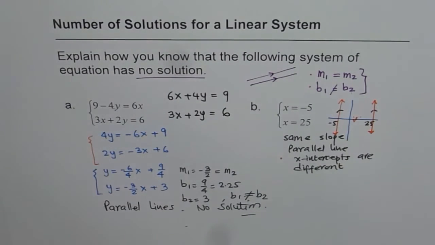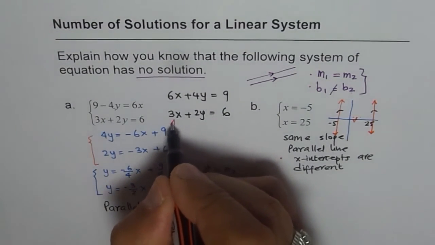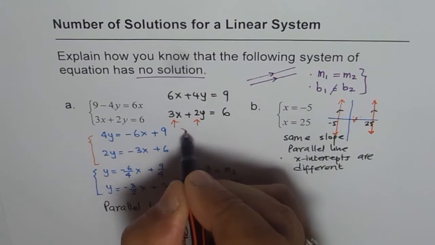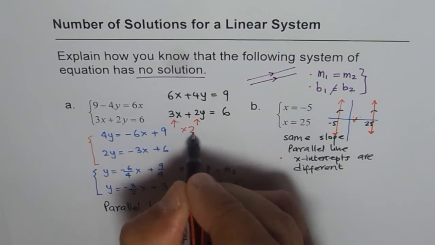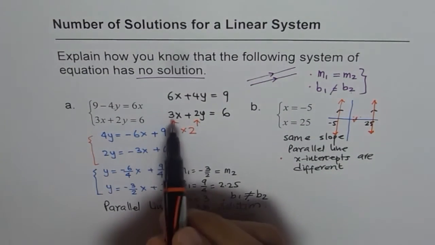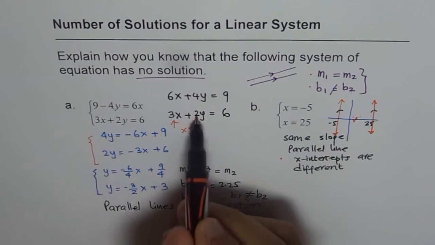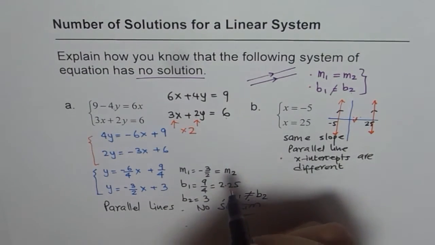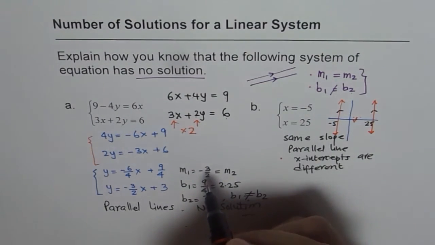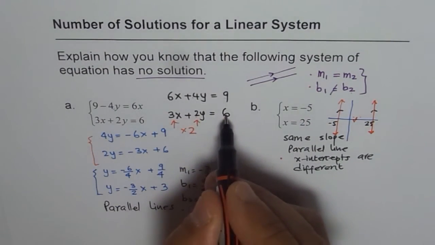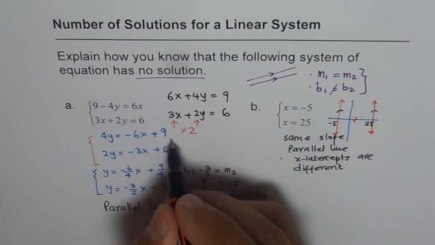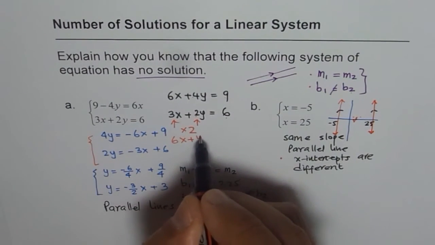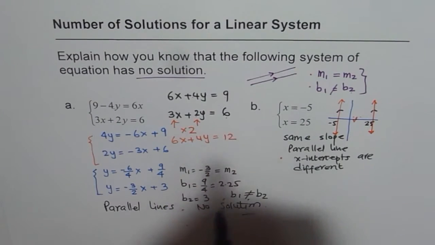What you notice here is that these two numbers are multiplied by 2 to give you the first equation: 3 times 2 is 6, 2 times 2 is 4, but 6 is not multiplied by 2. It is not 12. If I multiply the whole equation by 2, I really get 6x plus 4y equals 12.